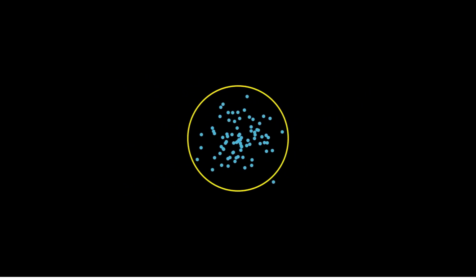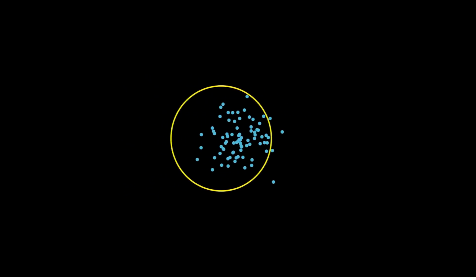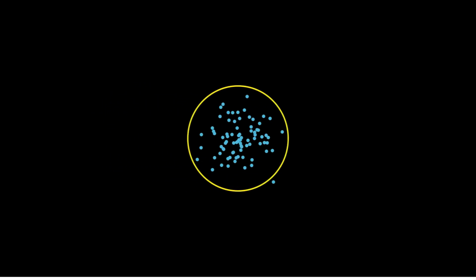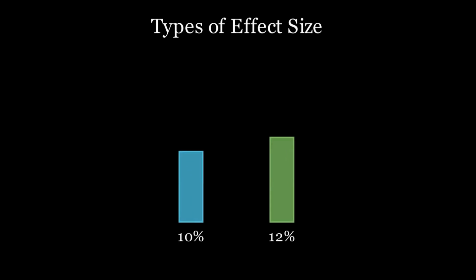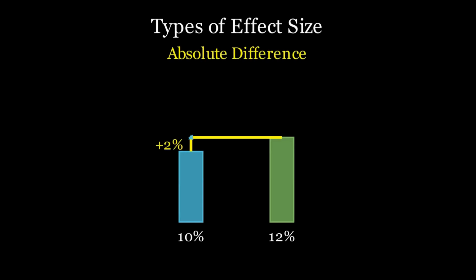So now that you know why effect size matters, let's look at the different ways it shows up. Now let's quickly understand different types of effect size. There are different ways to measure it depending on the situation. Don't worry, we will keep it simple. First, absolute difference. This is just the raw change. 10% to 12% means a 2% increase.